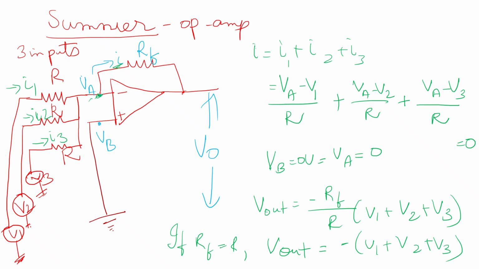In the same case, if all the three voltages are applied to the positive terminal, then V0 will be equal to V1 plus V2 plus V3. So, in case the three inputs are applied to the non-inverting terminal of the op amp, we obtain the output voltage accordingly.